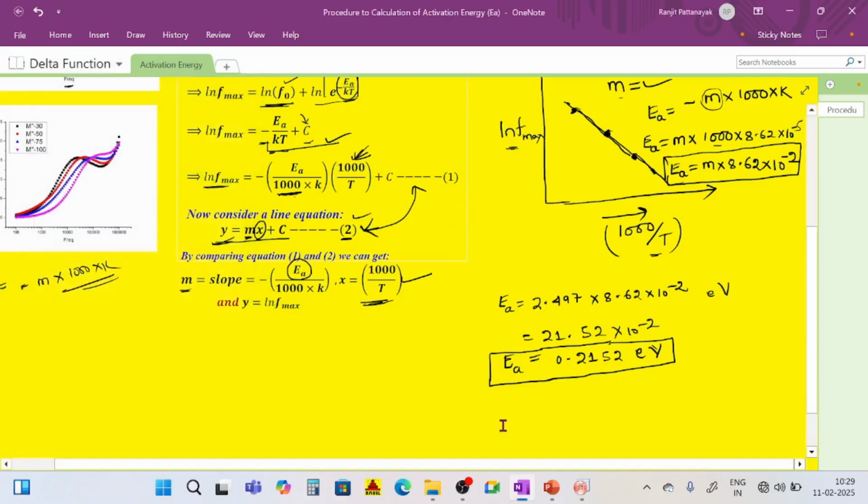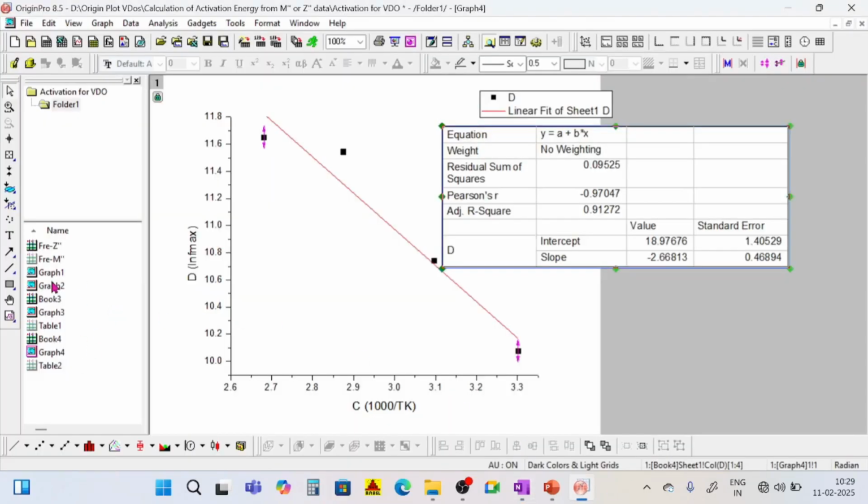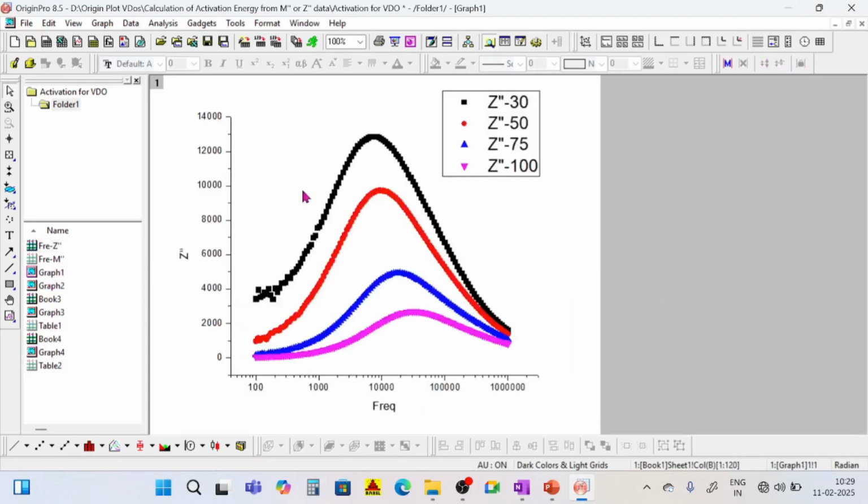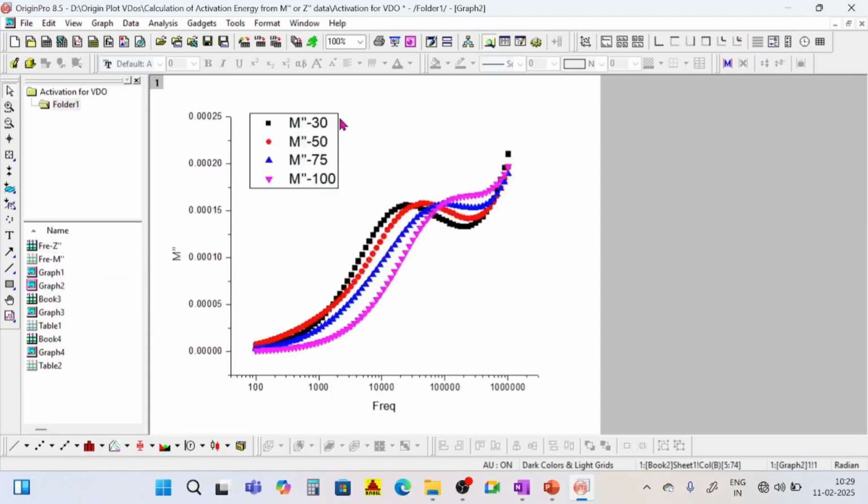See, this is another way, by considering M double prime and Z double prime, for the same sample data. We considered over here the same temperature range 30 to 100, and in M double prime also 30 to 100.